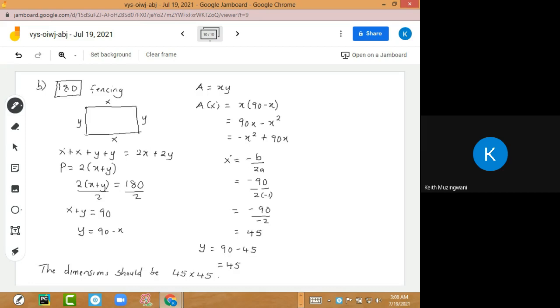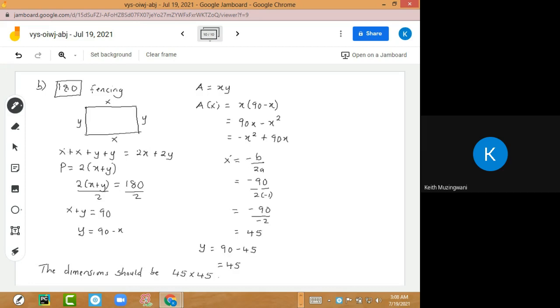That will be a rectangle that we're going to obtain. So let's see how we get those dimensions there. This was question 6. Question 7, I already answered the maximum and minimum there.